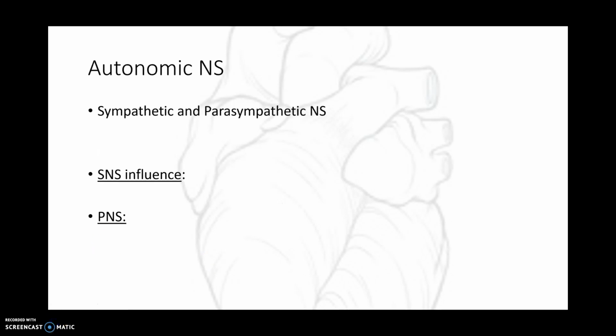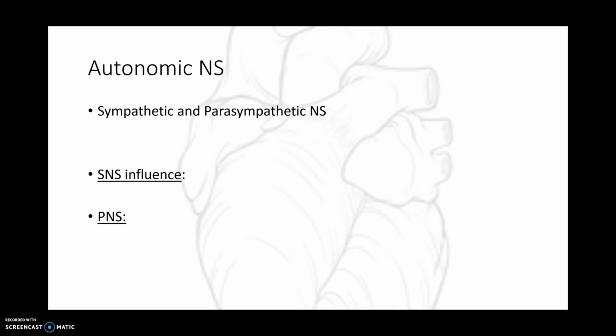All right, so let's continue on with our autonomic nervous system. It has 2 parts, sympathetic and parasympathetic nervous system, right? So it's branched into 2 different sections. We need a balance between these 2. If we want to turn on one, we have to shut off the other because we can't accelerate and decelerate at the same time, right? So our sympathetic nervous system influences the rate and force of contraction, and it influences how much calcium is going to enter the cell.